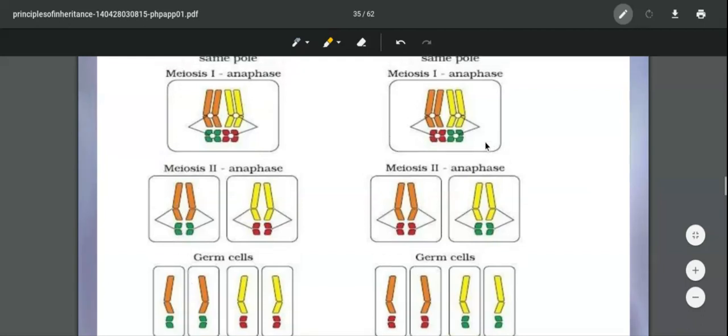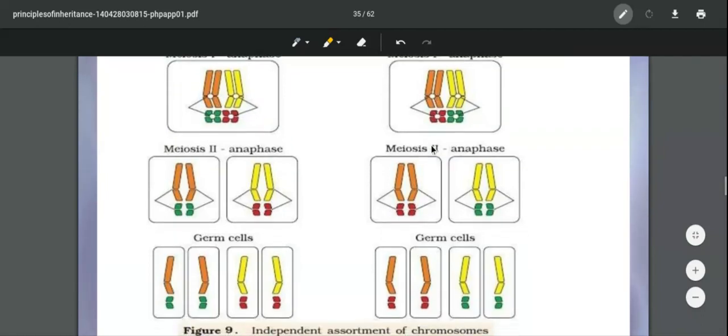Possibility 2 is if this alignment was different, that means instead of orange being close to a green chromosome, the orange chromosome is close to a red homologous chromosome. So it depends on how your chromosomes are aligned. Here the pair is aligned in such a way that green is closer to orange. Here the pair is aligned in such a way that red is closer to orange.